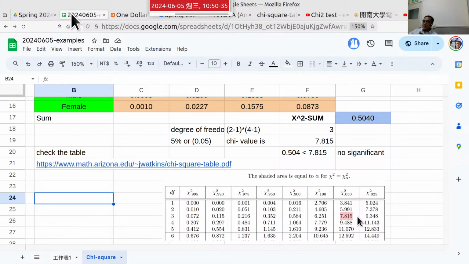Null hypothesis, alternative hypothesis. I forgot which scientists established these rules, but in short, there are two hypotheses. One is the null hypothesis. It means before we test the groups, test the samples, there are no differences.